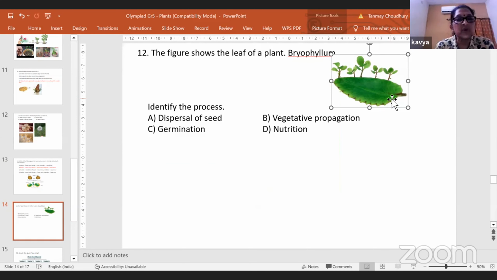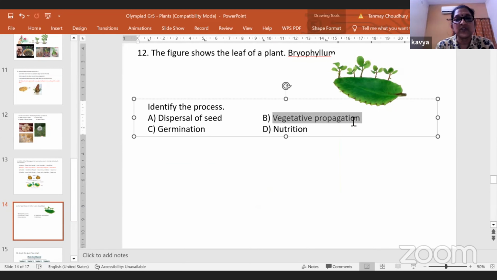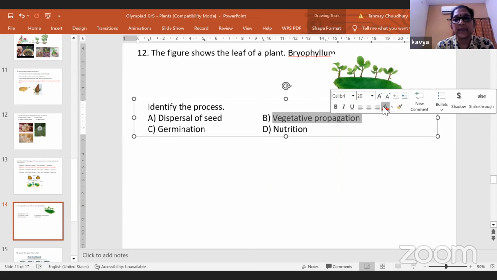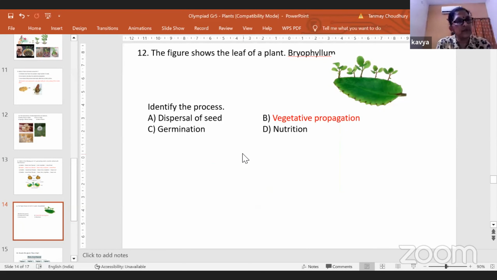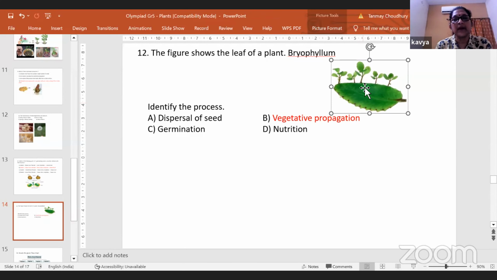So what does this process show? Does it show dispersal? No. Does it show germination? No, because germination is from the seed. Does it show vegetative propagation? Yes. So this will be the answer. So we saw vegetative propagation from the root, from the stem, and from the leaf. There is another leaf that grows by vegetative propagation.